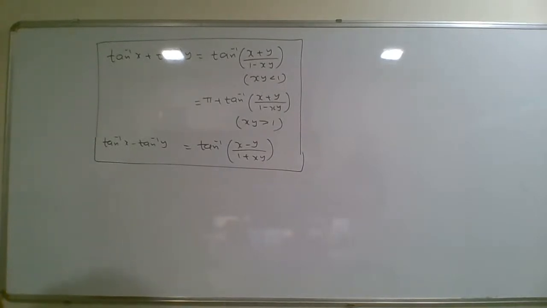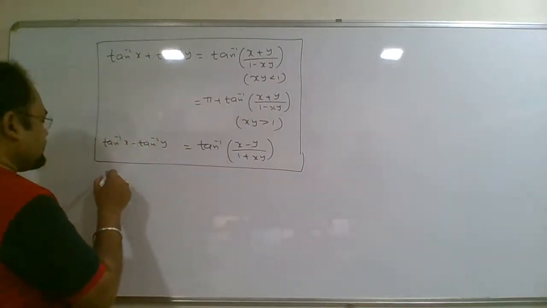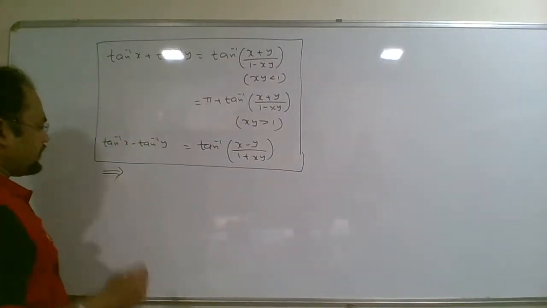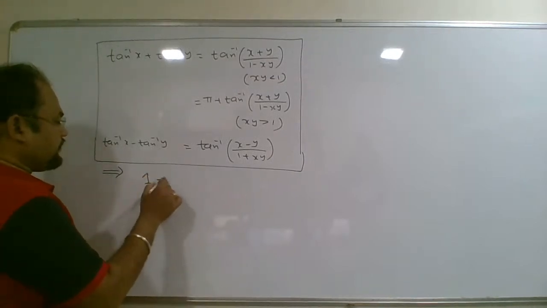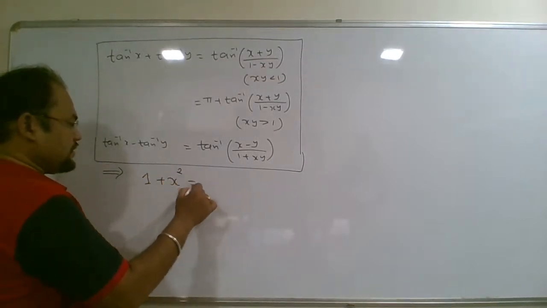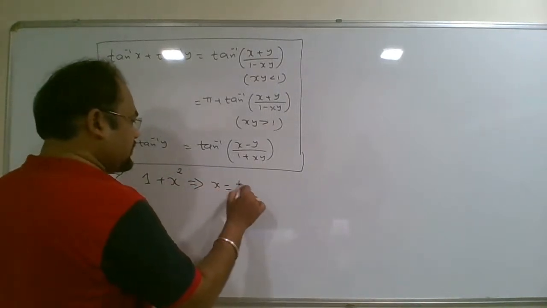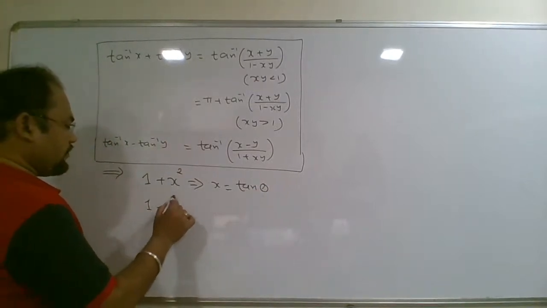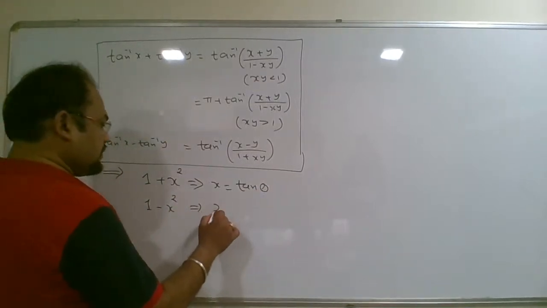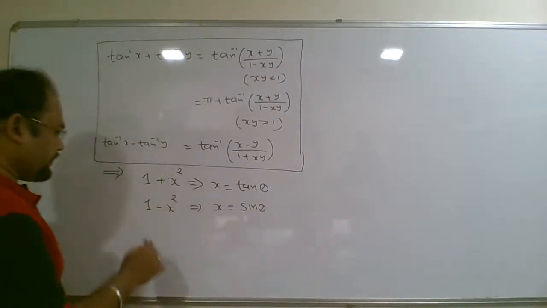So for 2.2, first we have to clear some fundamental, basic technique. If we have 1 plus x square, then always suppose x equal to tan theta. If we have 1 minus x square, then always suppose x equal to sin theta.